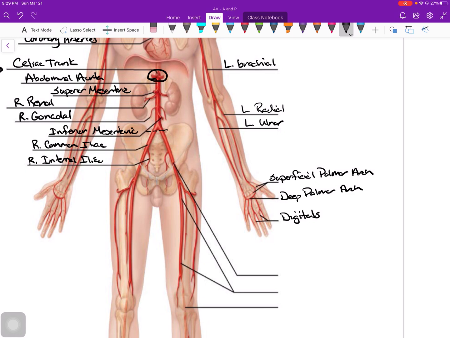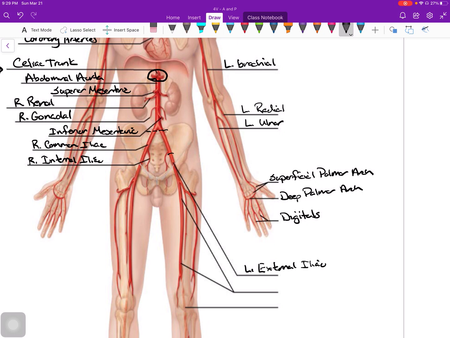All right. So, as I said, I have my branch up here. And so I went down to my right common iliac, and then off of my right common iliac came my right internal iliac. So off of my left common iliac, after the branch, right there, this one becomes my left external iliac.